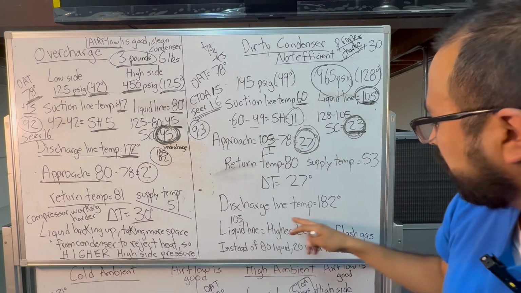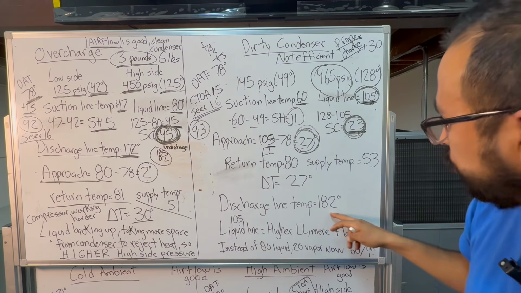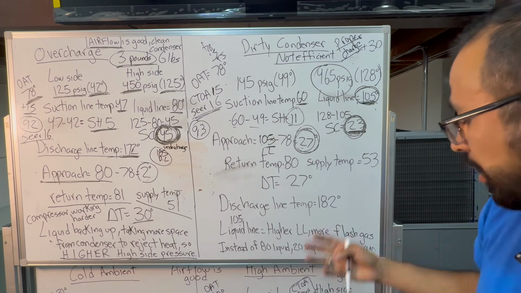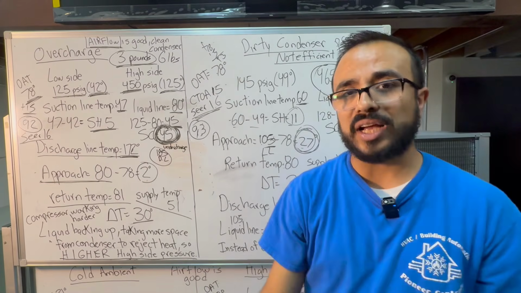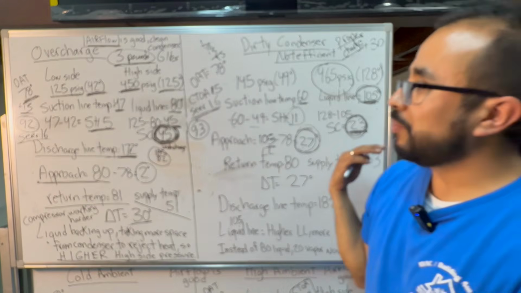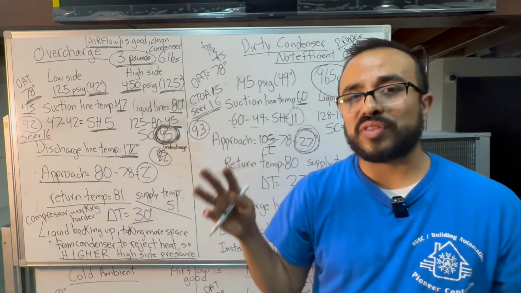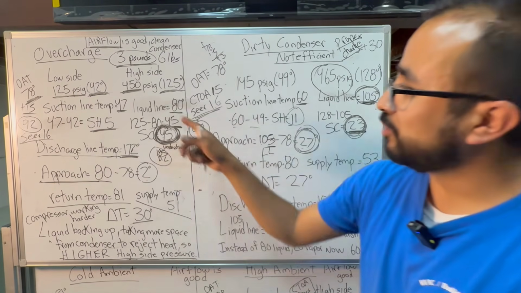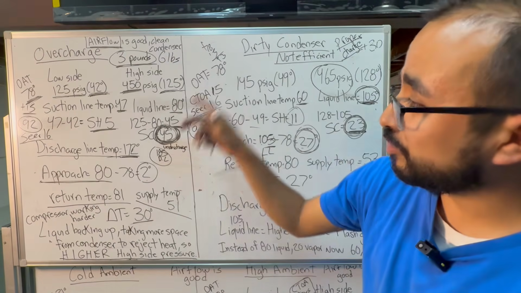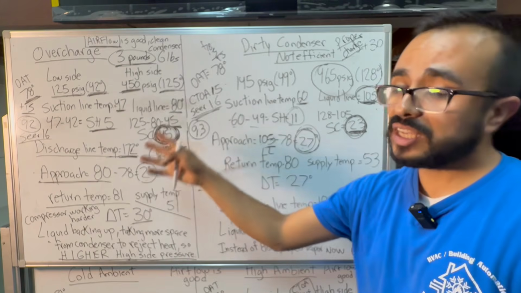And then my discharge line temperature, it is running high, 182 degrees. And as I had mentioned, the higher the liquid line temperature, the more flash gas. So you see, both scenarios are not okay for the compressor because my head pressure is running higher. My subcooling here is way higher, and that's the key difference.